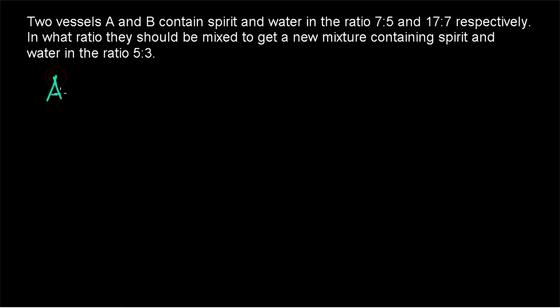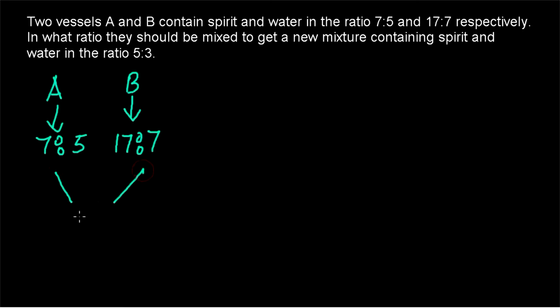So A is having spirit and water in the ratio of 7:5 and B is having spirit and water in the ratio of 17:7, and they are mixed together in order to get a new mixture containing spirit and water, and the ratio of spirit to water in the resultant mixture is given as 5:3. So in what ratio A and B be mixed together so as to get the final ratio as 5:3.